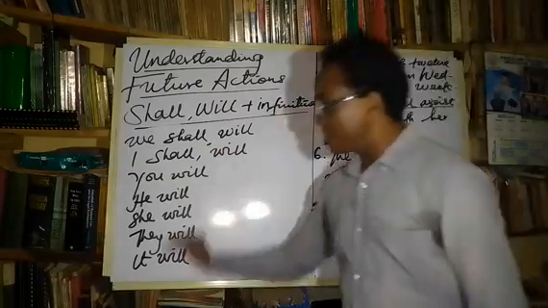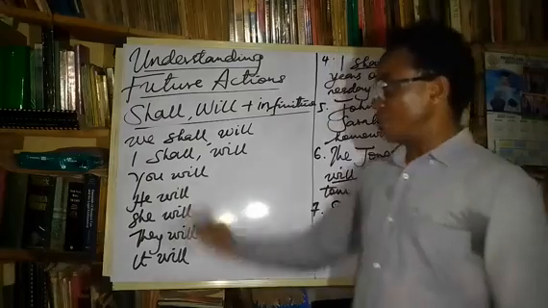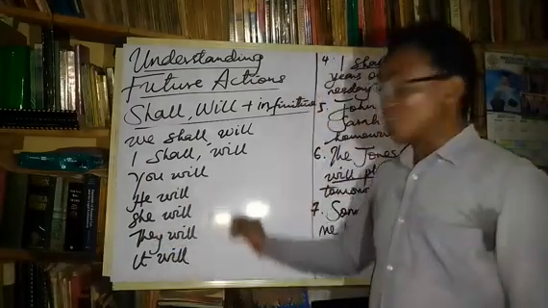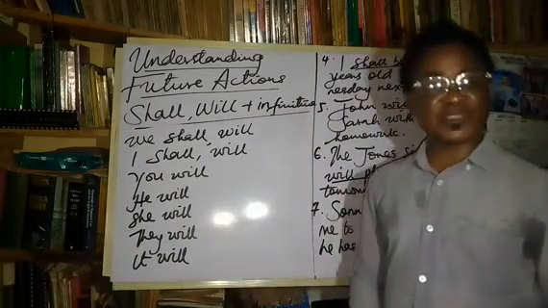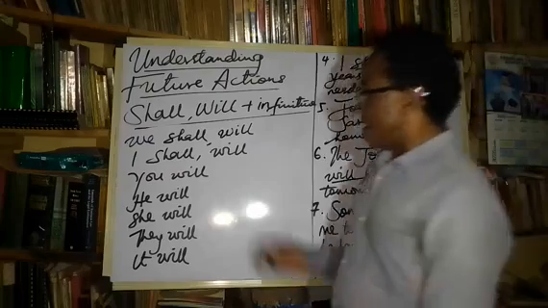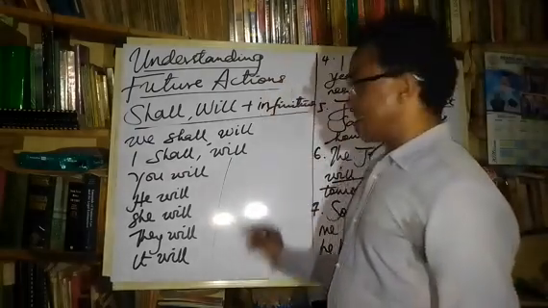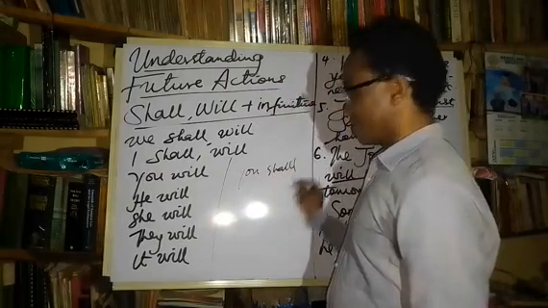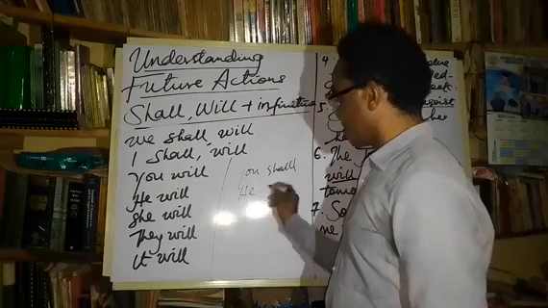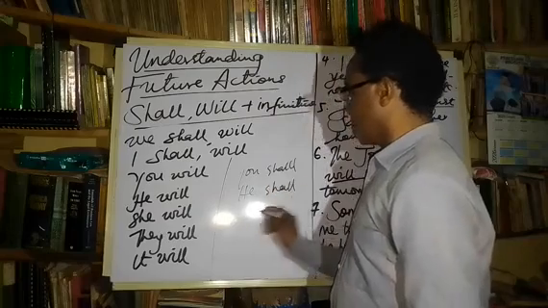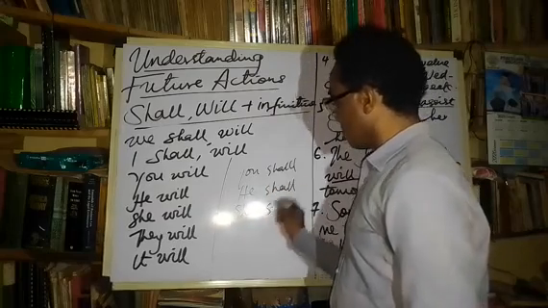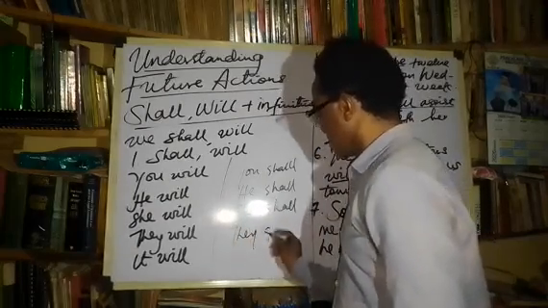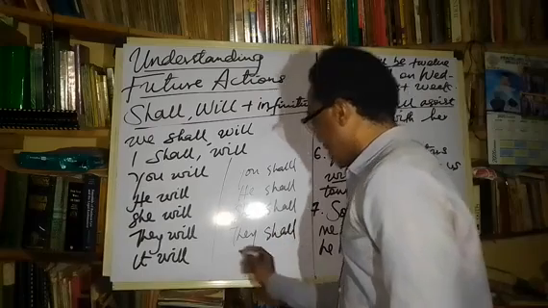But the other subjects, that's the pronouns, you, he, she, they, and it, can only go with will to express a future action. A sentence in English language that says, you shall, he shall, she shall, it shall.